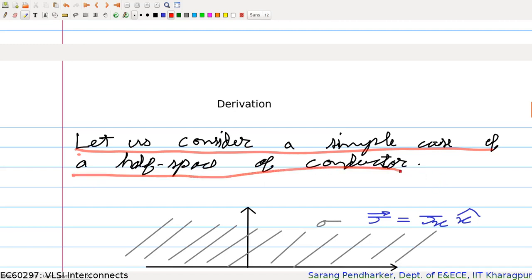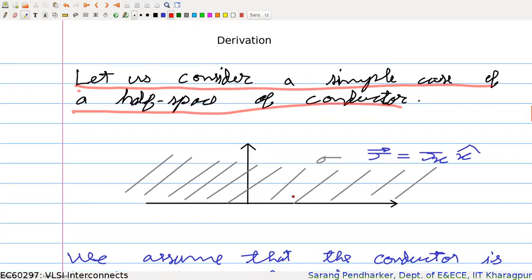What it means is that I have my planes. So this is my x-axis, this is my z-axis. I have a half plane. So for all the region where z is greater than 0, I have a conductor of conductivity sigma.